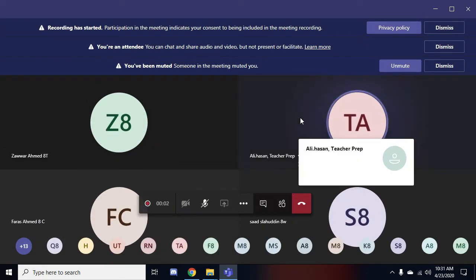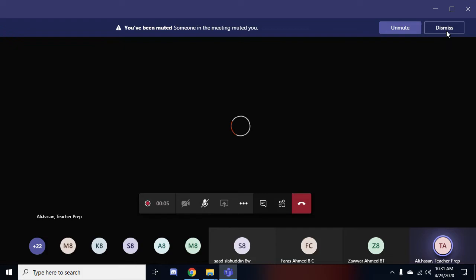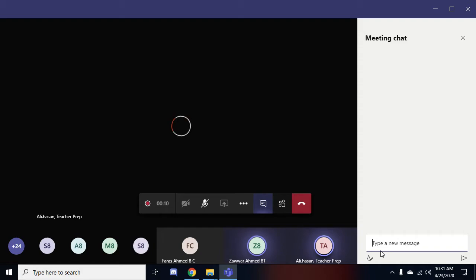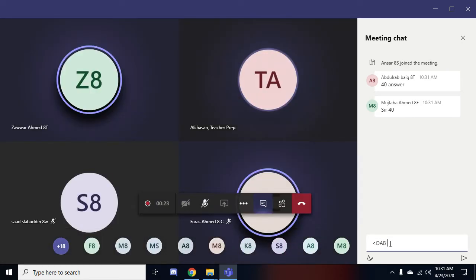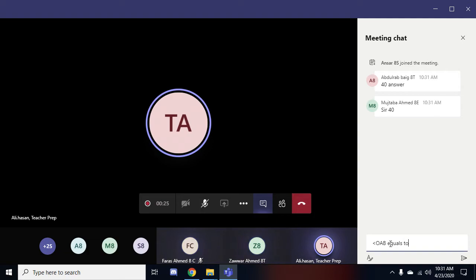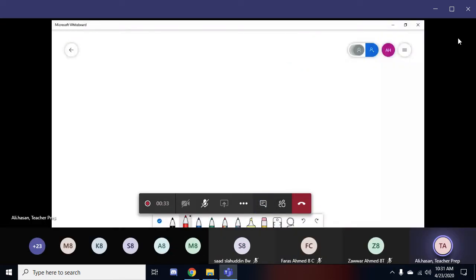Parallelogram and solving it. Beta, let me draw it for you. Let me first see the question. BOC or BDC? Okay. Farooq and everybody who didn't get the solution, please be attentive. I'm explaining it to you on the whiteboard. Faraz, is the whiteboard visible? Please tell me. Yes, sir. Visible. Okay, good.